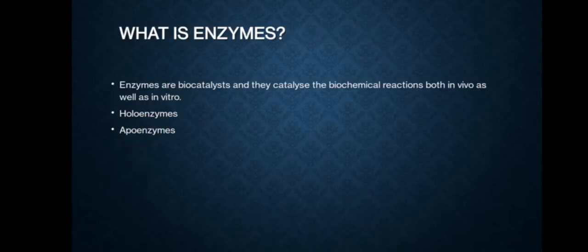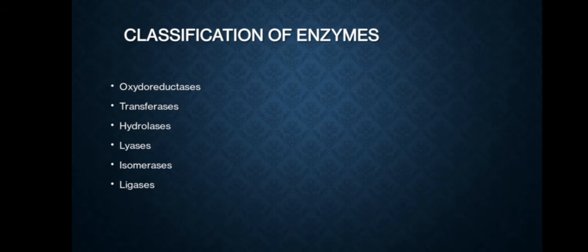So let's start with classification of enzymes. Basically there are six types of enzymes. First is oxidoreductases, which are oxidation-reduction reactions where electrons are transferred. Second is transferases, where transfer of groups is done.